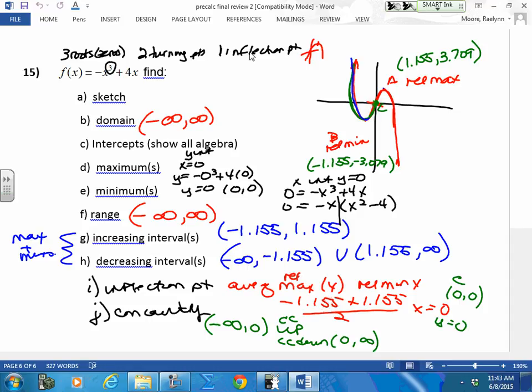Confirm these on your calculator. So x is equal to 0. You can add to the other side. You can do your two perfect squares, whatever you like to do. Or add it to the other side. Remember, if you take the square root, you get a positive and negative. x is 2, x is negative 2.